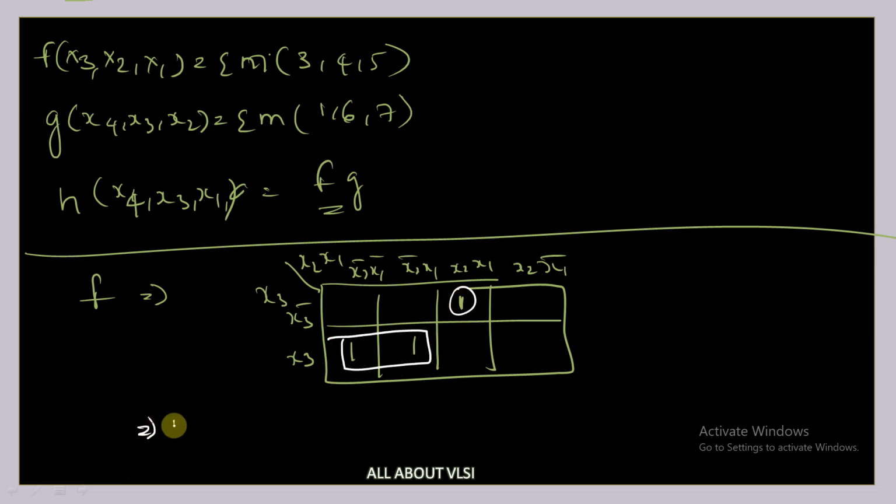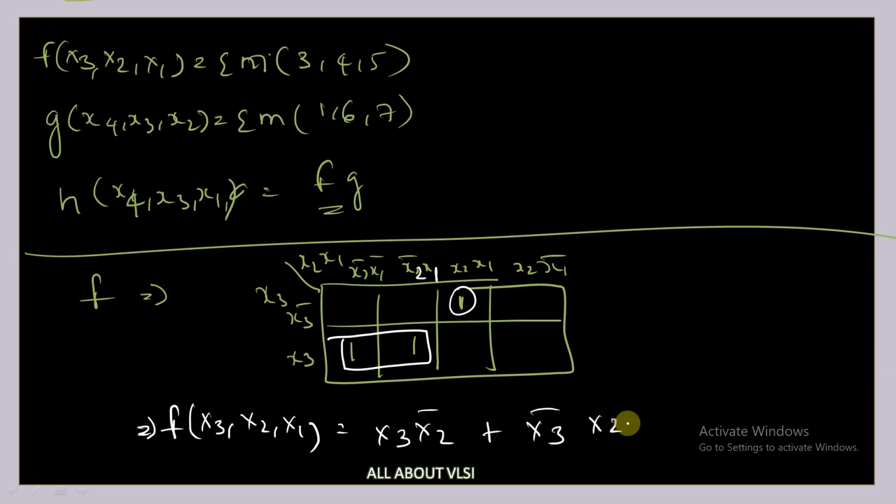So my answer for f, a function of x3, x2, x1, is x3 x2 bar plus x3 bar x2 x1.